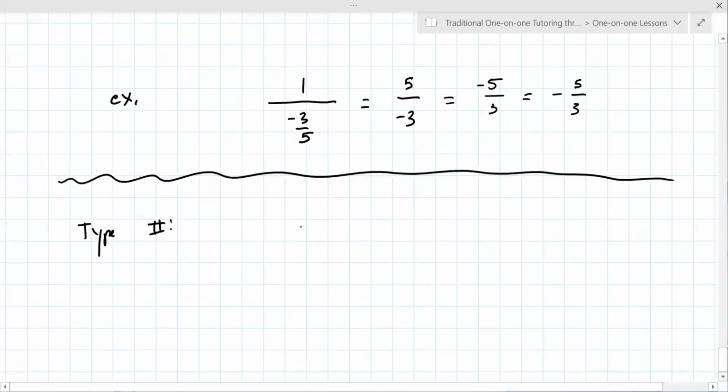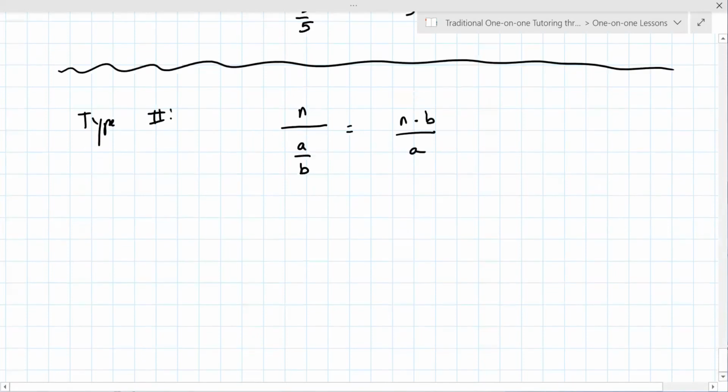Right? So the next type that you might see is let's say there's a number up top, A over B over C. It's really the generalized type one, because you flip it, it's A times B over C. And so an example here is you might have something like 4 over 16 thirds. So this is 4 times 3 over 16.